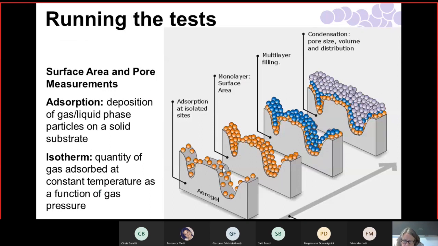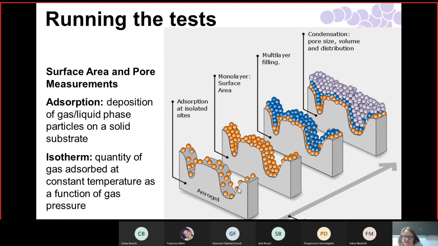But so again, here's an image of what's going on, adapted from the company Micromeritics. We call it an aerogel here though. So as you're adding the gaseous nitrogen, it initially adsorbs in isolated places on the surface. Right, so here's my aerogel surface.